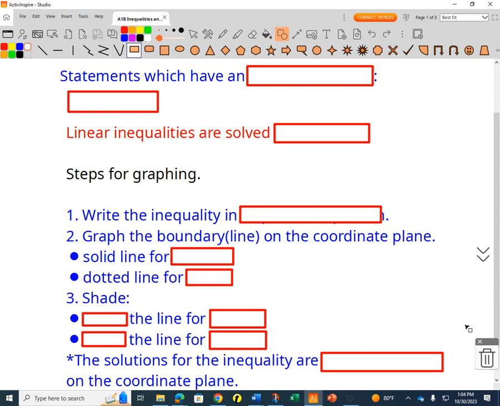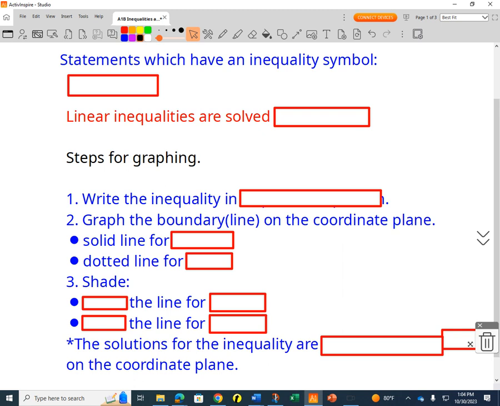All right, so the title of this page was Linear Inequalities. Remember that a linear inequality is a statement which has an inequality symbol. You're filling in the inequality symbol here.